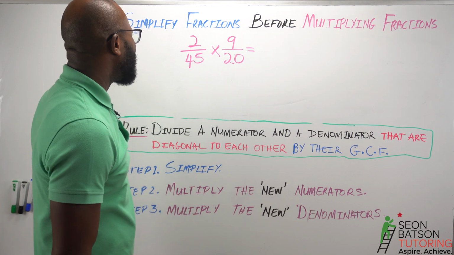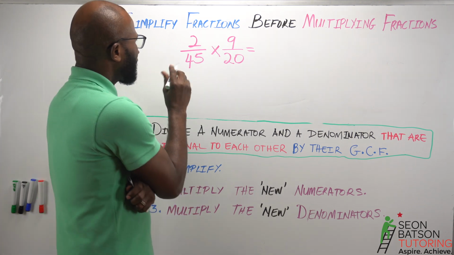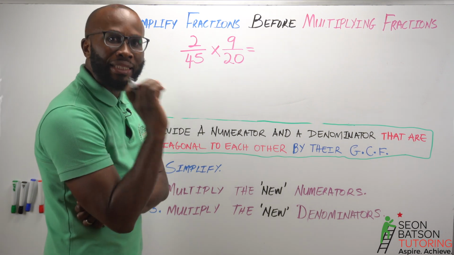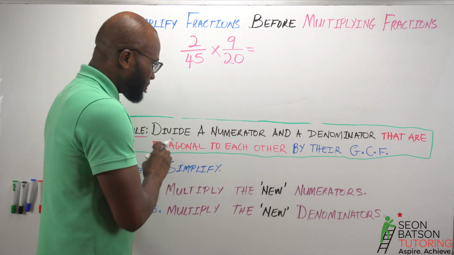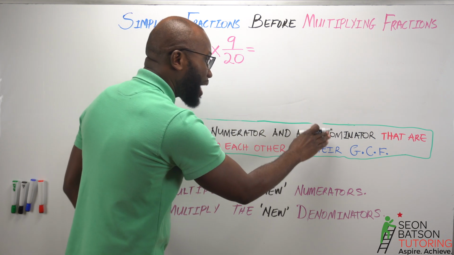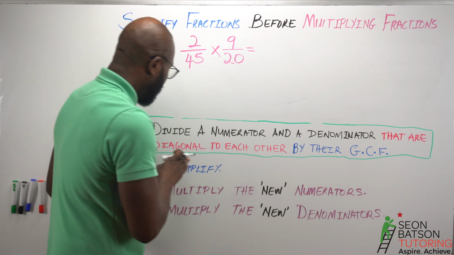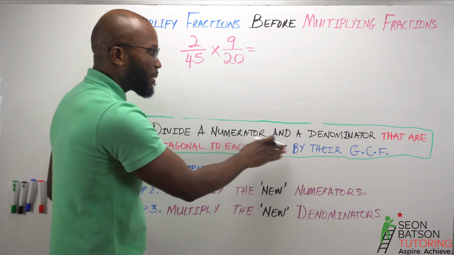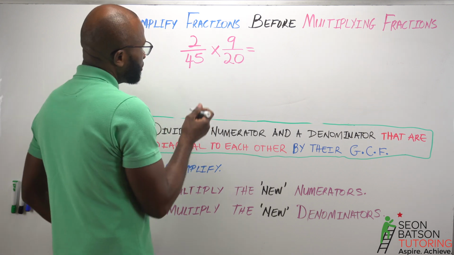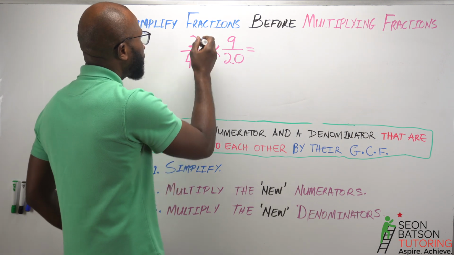This is exciting stuff. So, before we multiply, we are going to simplify. And to simplify, we can divide a numerator and a denominator that are diagonal to each other by their greatest common factor. Yes? So you can choose whichever pair you want to work with first.